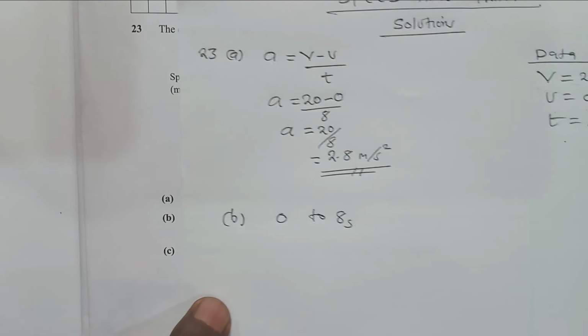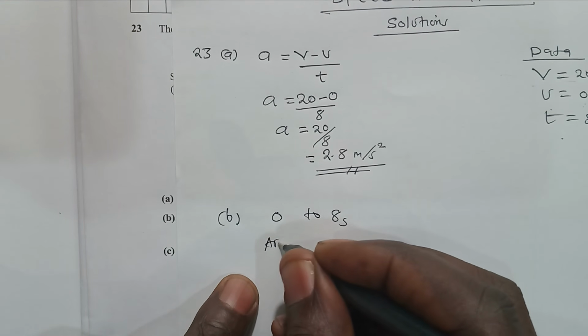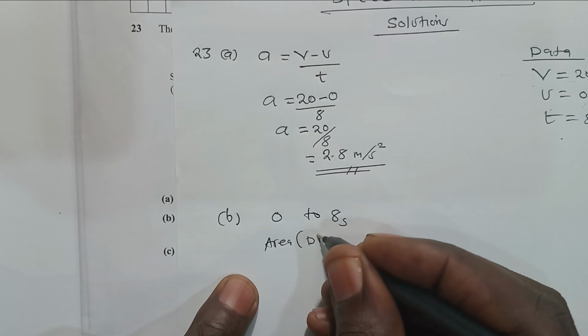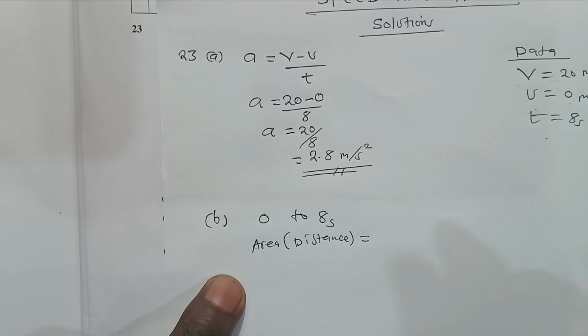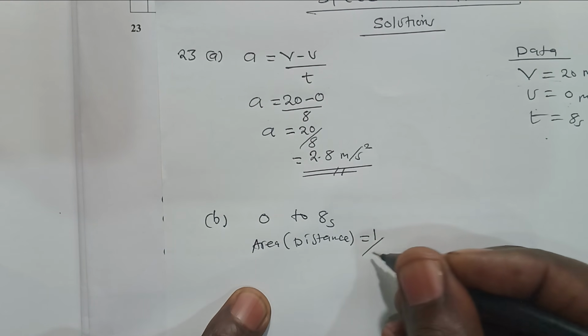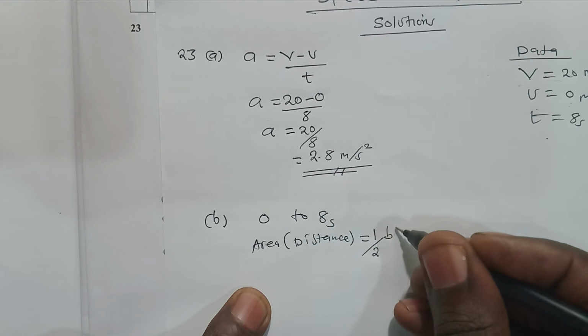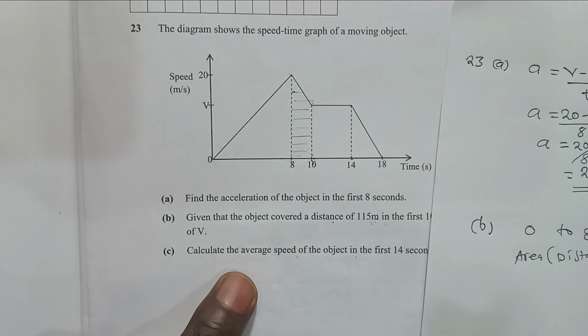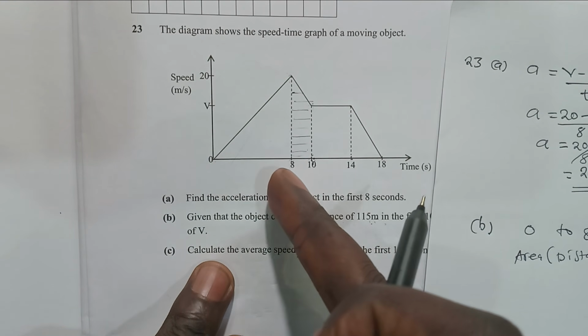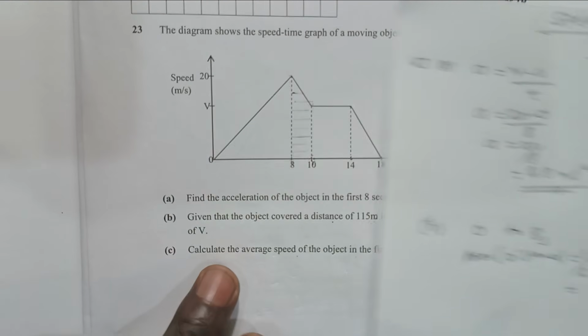So area is equal to distance, and because it's a triangle, we are going to use half base times height, which in our case, our base is 8, then height is going to be 20.